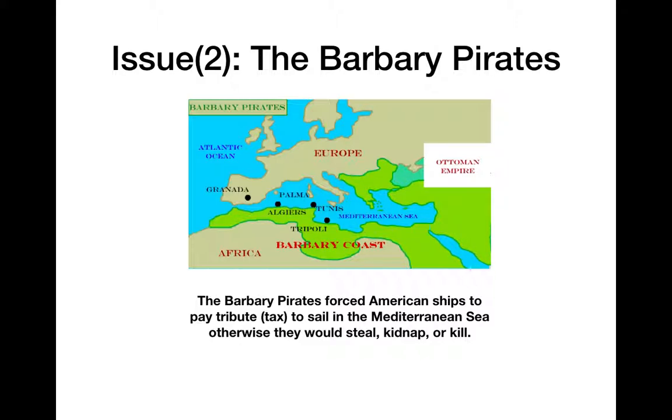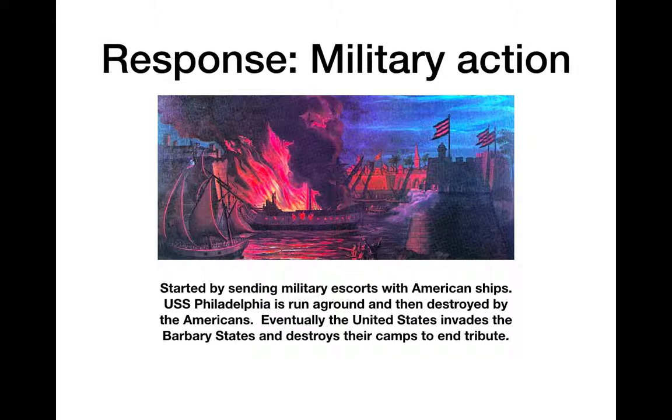They demand tax or tribute from anybody sailing through the Mediterranean Sea. Americans were a bit surprised by this, but it had been ongoing, and Thomas Jefferson finally decided to take more action. His response was to send military escorts with American ships.